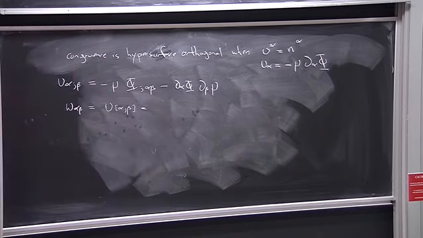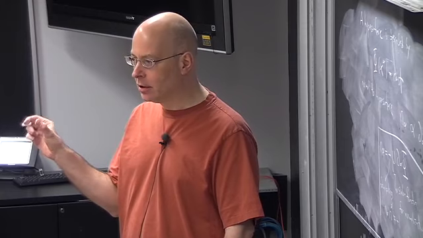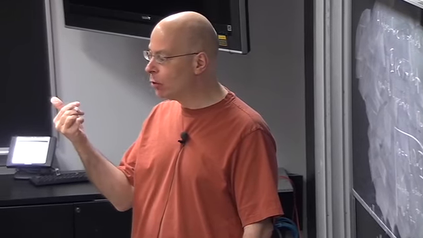Which means that the first term is going to drop out because the first term is fully symmetric. We know that two covariant derivatives acting on a scalar commute. It wouldn't be true on a vector or a tensor, but on a scalar it does commute.